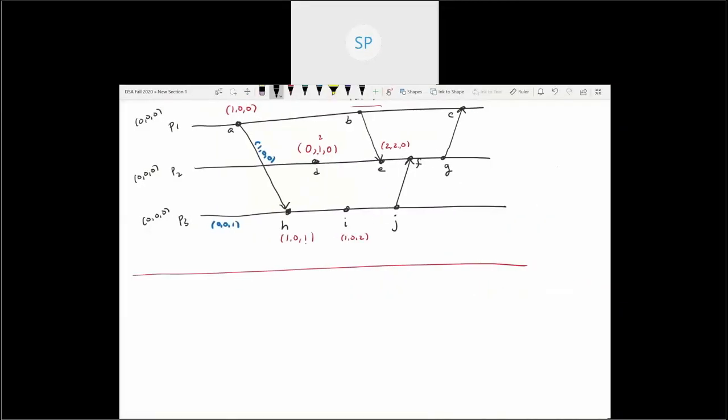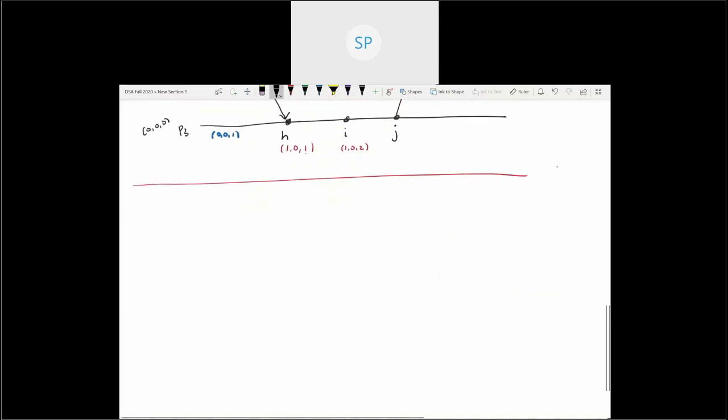So that's the algorithm. That's the brief review. And then last time we talked about there's a reason that we're doing this. It's not just for fun with vectors, it's that we wanted to maintain order. And the order that we based on was the happens-before relation. We wanted to somehow have these clocks reflect the happens-before relation. And I'm going to write this down again because this is maybe the most important thing in the class ever, so you can see it as many times as necessary.